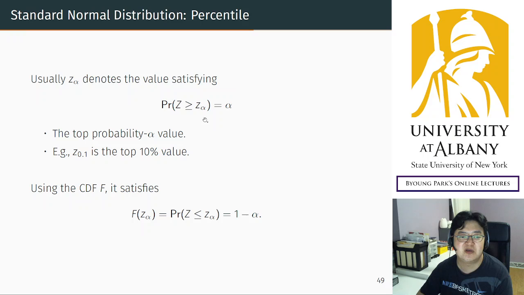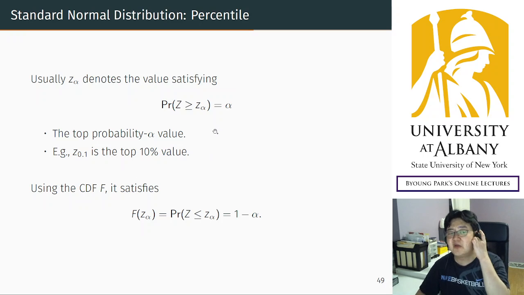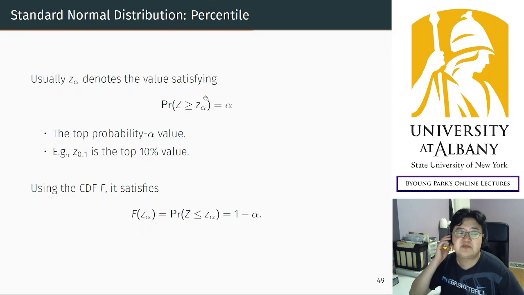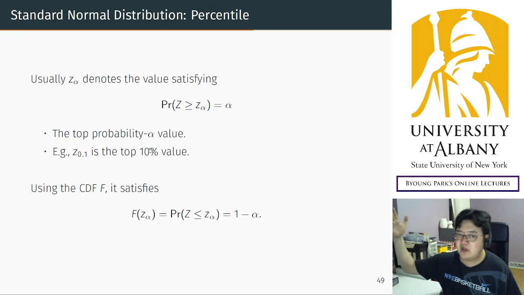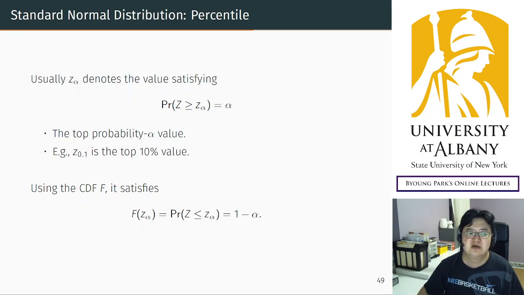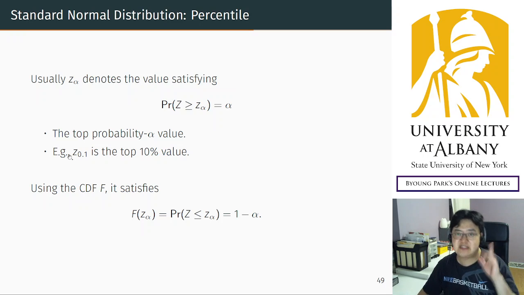You are going to get used to it pretty soon. Another good thing about this is that it is always positive. Top 10%, top 5%, top 1%, because you are calculating from the top, it's positive if the probability is not larger than 50%. That's the reason why we use top certain percentage in our notation.